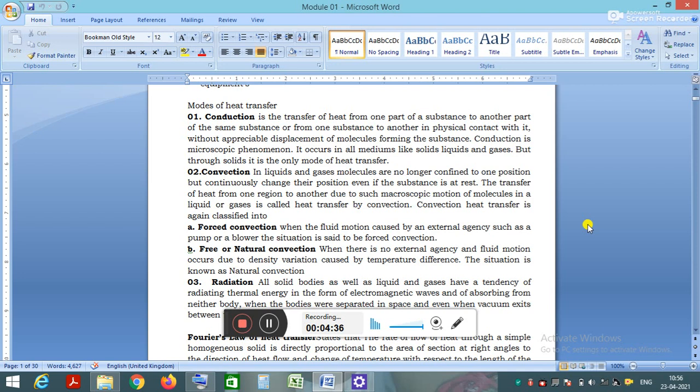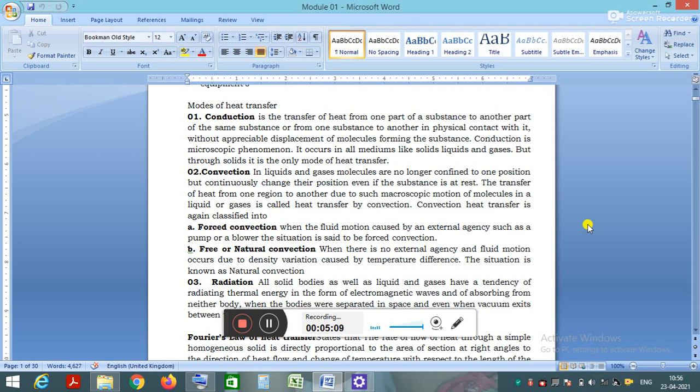Even when they are in a state of rest, the molecules of liquids and gases are not confined to one position, but they continuously change their position. They are always in a state of motion, and the transfer of heat takes place due to this motion of the molecules.